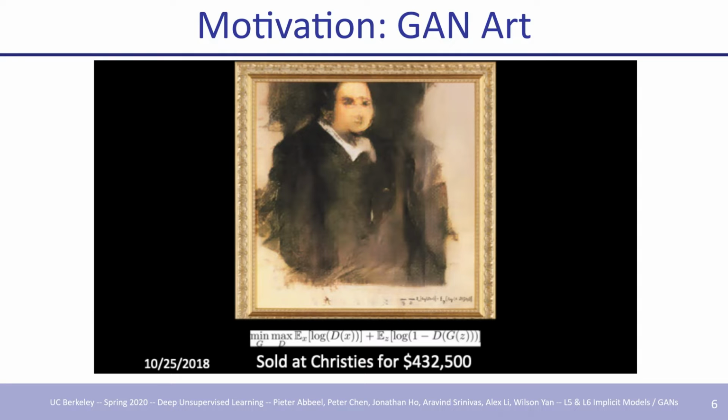He also talked about this GAN art. The artists trained the model and then I guess they painted it or printed it out, I'm not sure, but it sold for $500,000. So there is value for GAN art, and it is quite a thing with artists.